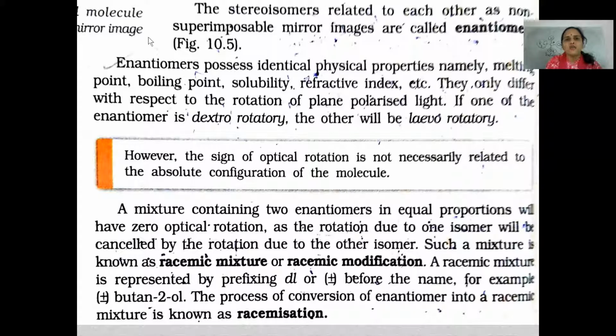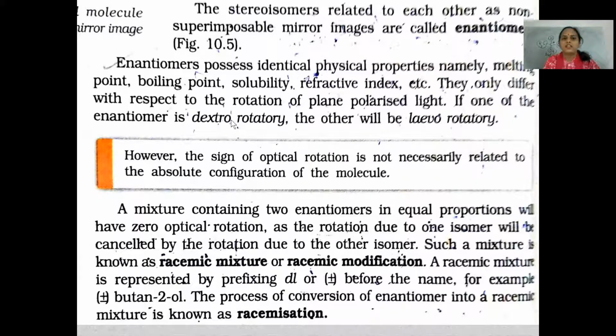And how do the enantiomers differ from one another? Usually enantiomers possess identical physical properties. Melting point, if you see, they are same. Boiling point, solubility, refractive index, etc. all are same. Then how do they differ from one another?